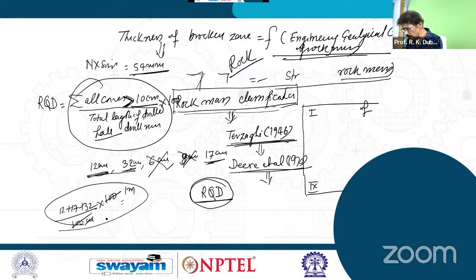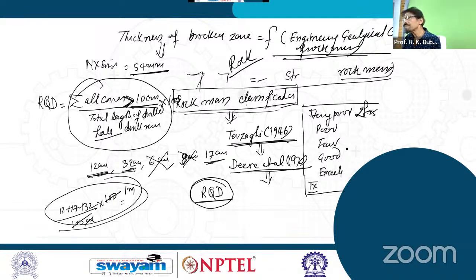This RQD is a single parametric classification able to categorize the rock mass in categories like very poor, poor, fair, good, and excellent. We started from this 25, here 26 to 50, 51 to 75, like this.